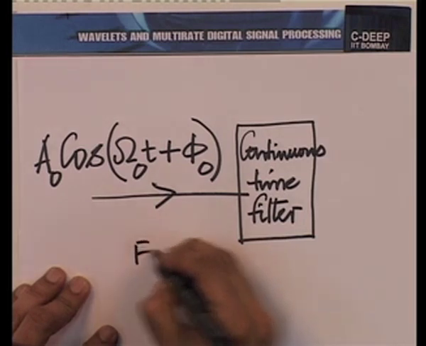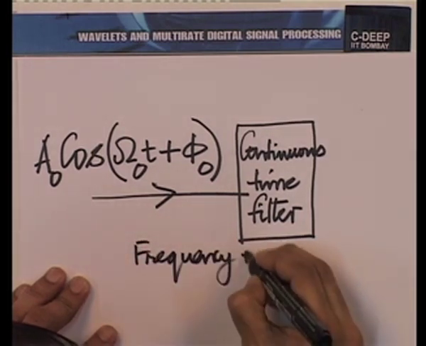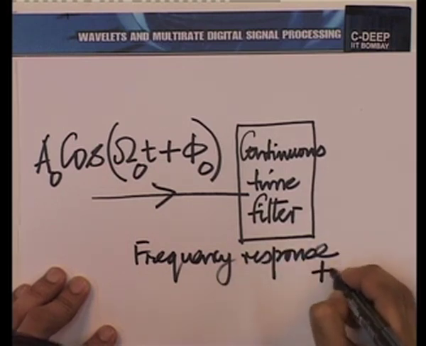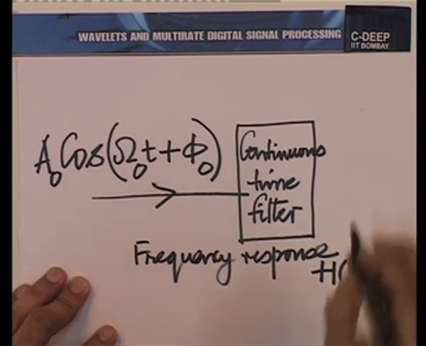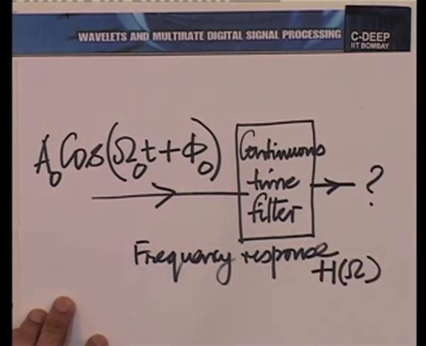With frequency response, let us say h as a function of omega, what would come out? Very simple. You would evaluate the frequency response, which is of course a complex number as a function of capital omega, at omega equal to omega naught.